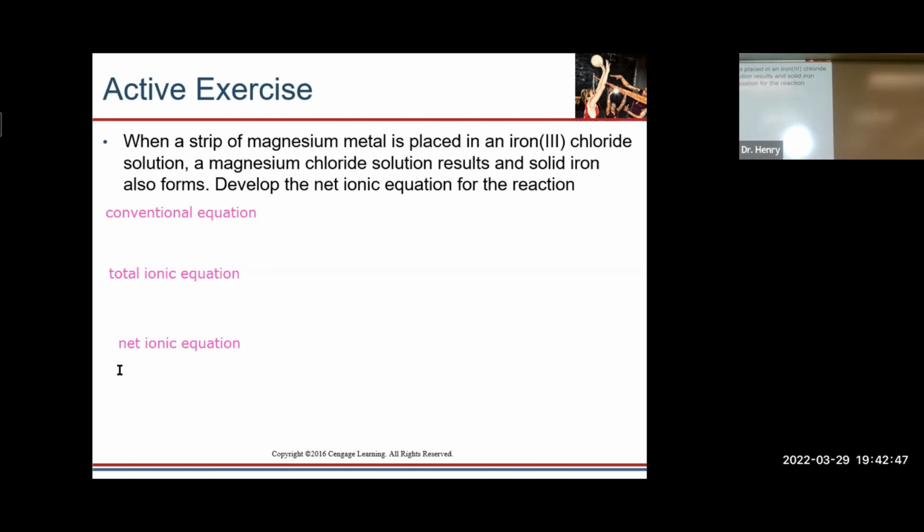So let's start off with the conventional. What is the conventional chemical equation?